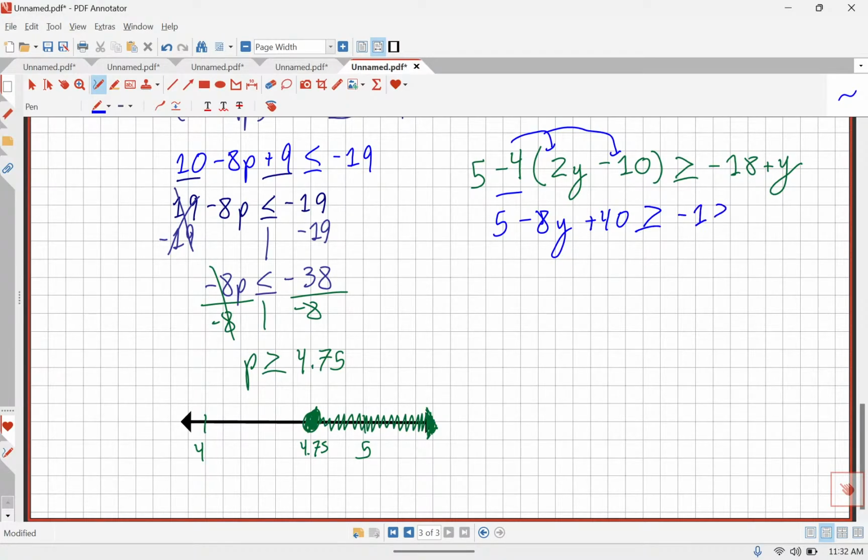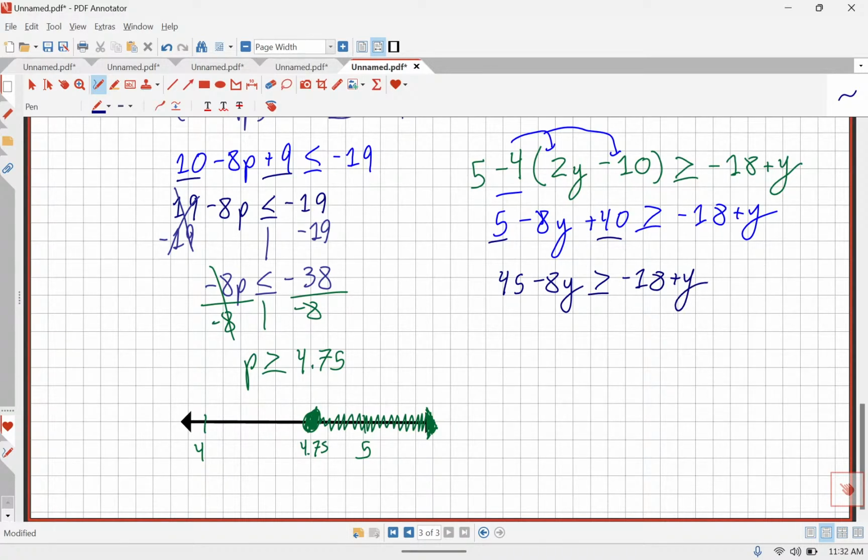Since I didn't multiply or divide both sides by a negative, leave that alone. Perfect. What would you like to do next? Yeah, I can combine like terms. 5 plus 40 is 45 minus 8y is greater than or equal to negative 18 plus y.